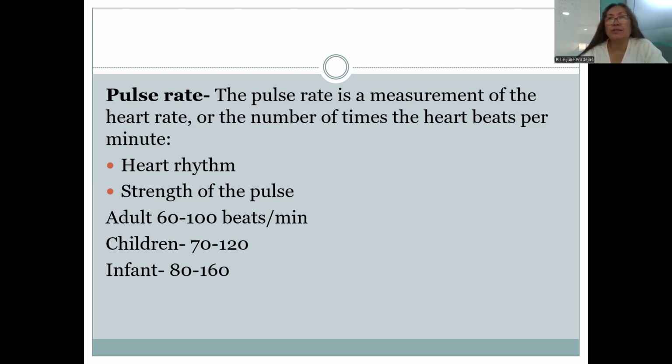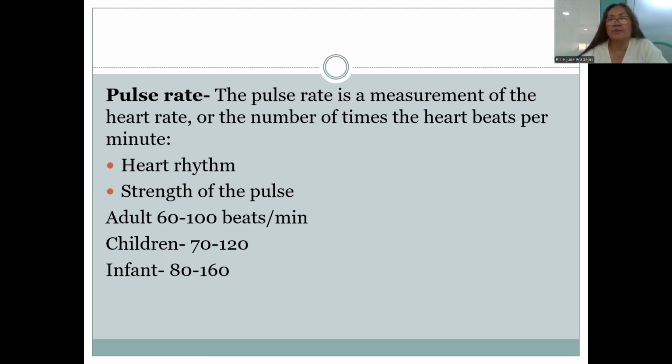You don't only measure the heartbeat, but you also measure the heart rhythm and the strength of the pulse. The heart rhythm is what you can hear in your stethoscope. Lub, dub, lub, dub. So that is a normal, or regular, heart rhythm.